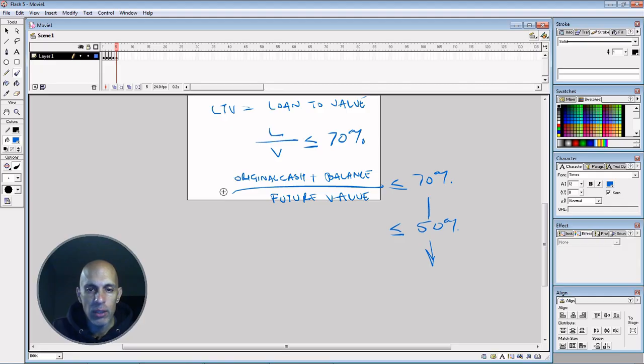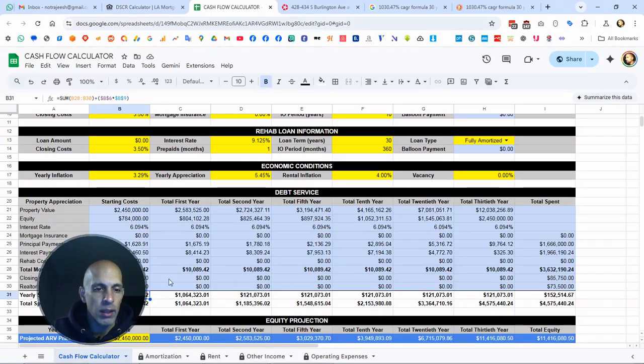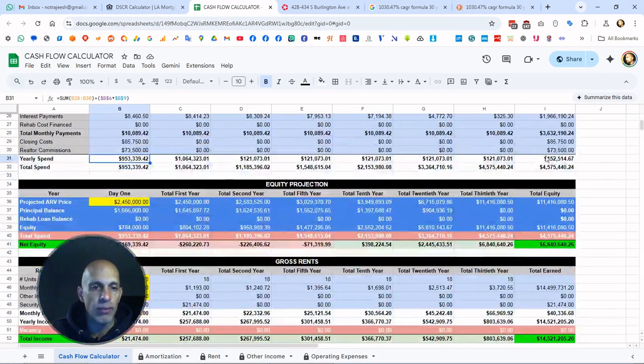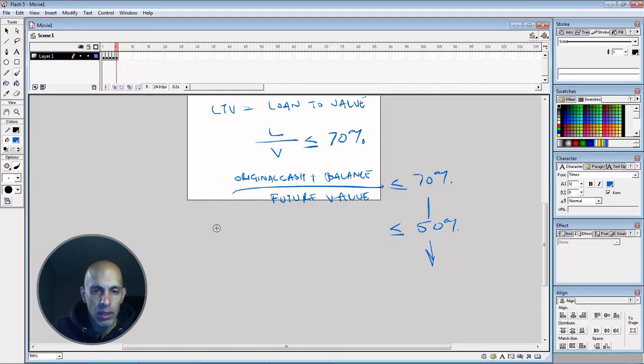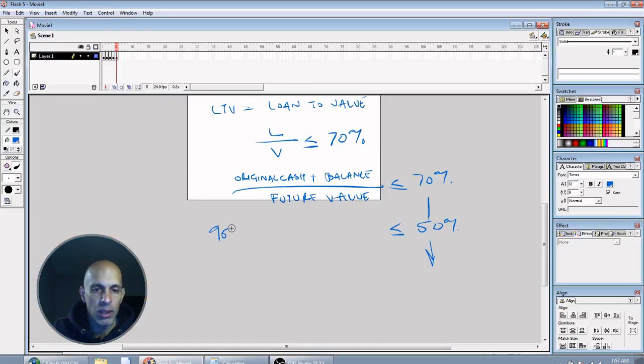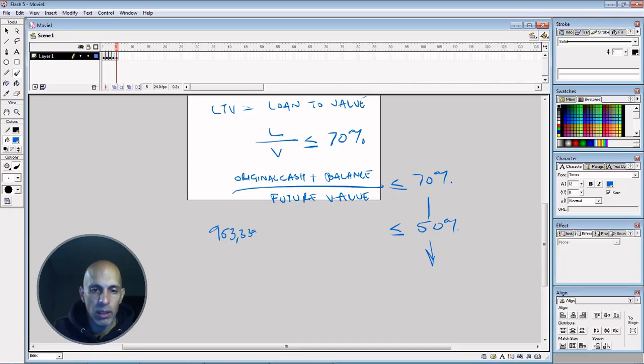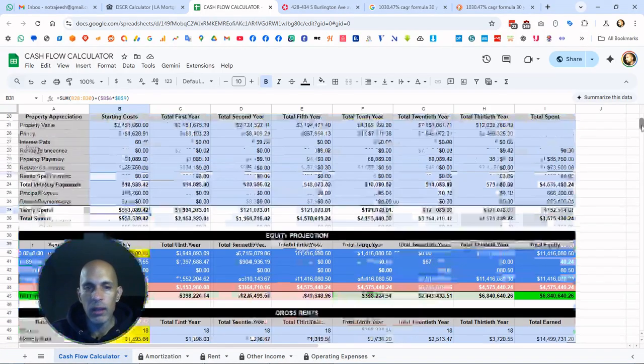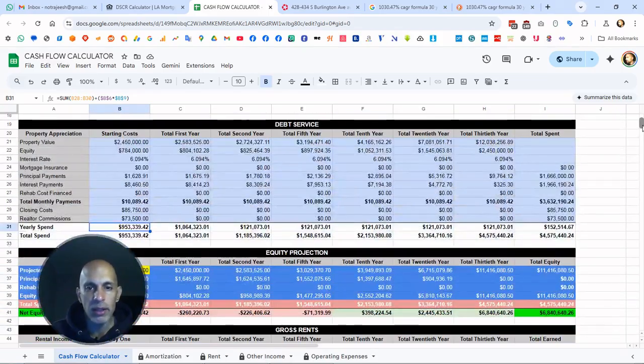So let's see, the original cash here in this case is $953,339.42. And then I'm just going to assume year 10, because on big purchases like this, you're generally going to be about year 10.